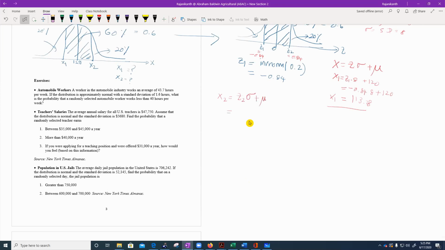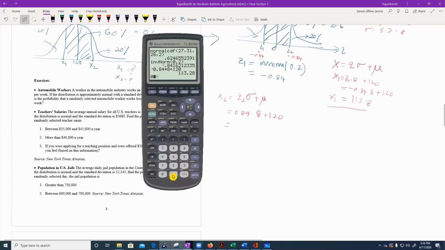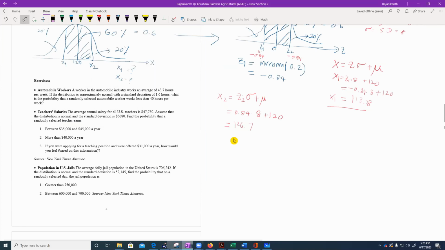What was z2? z2 is now positive 0.84, times the standard deviation, which was 8, plus the mean, which was 120. Find out this answer. So 0.84 times 8 plus 120. So this will be 126.72. So these are the two values, okay?